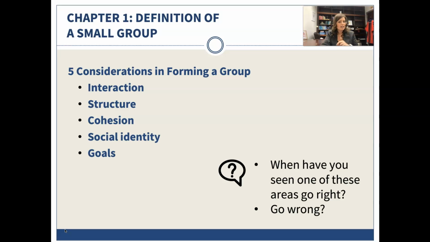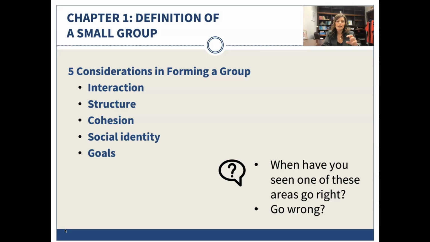When have you seen one of these areas go right or go wrong? I've shared some of the go wrong parts already, but I would say with social identity, for example, that can be really powerful. For you as a medical professional, your social identity is one of a helper.